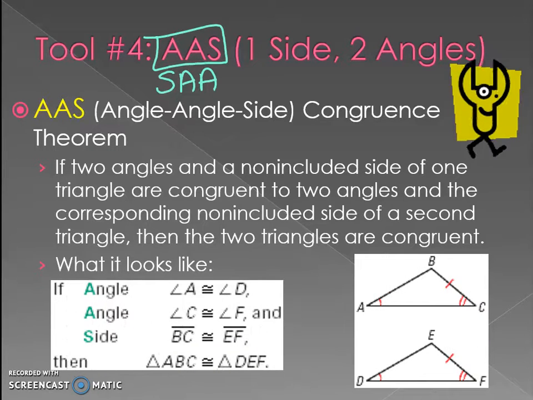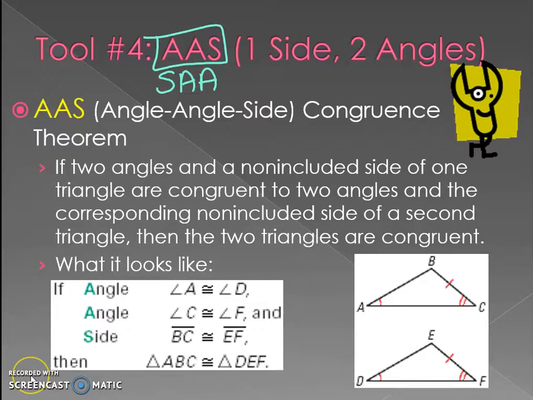So I'm going to show you what it looks like. If angle A and angle D are congruent, angle C and angle F are congruent, and side BC and side EF are congruent, then these two triangles are congruent. Notice that this side, BC and EF, is not in between these two angles.